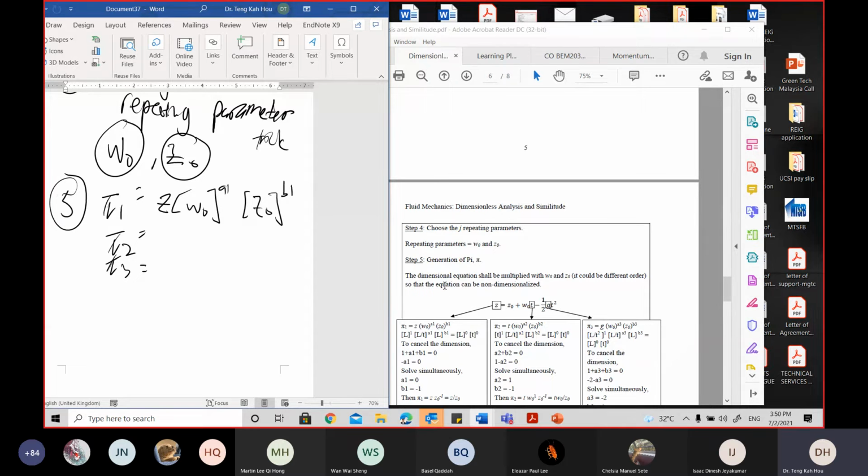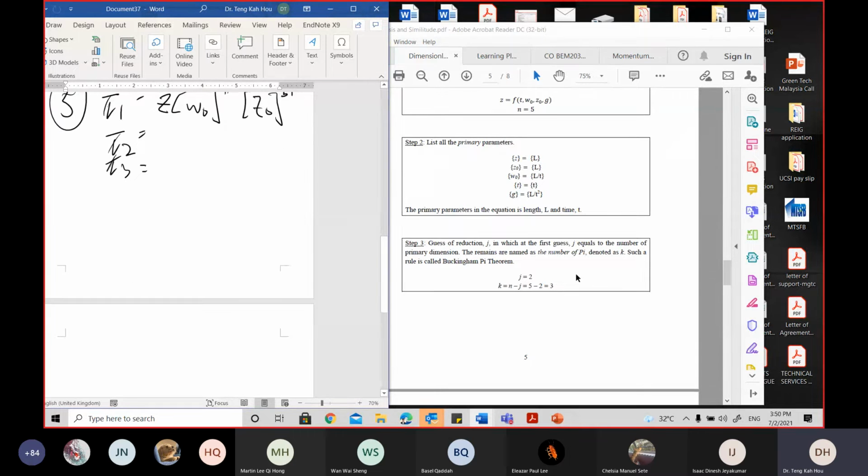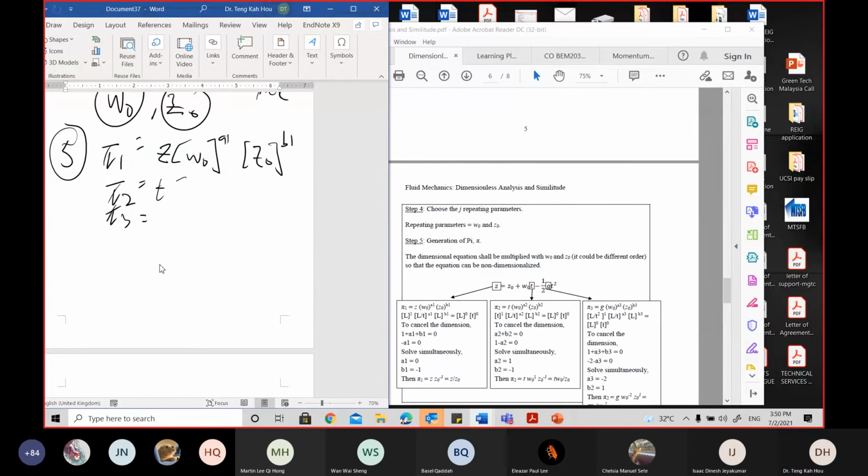So my second equation would be, I didn't select T, am I right? So it will become T WO^A2 ZO^B2.